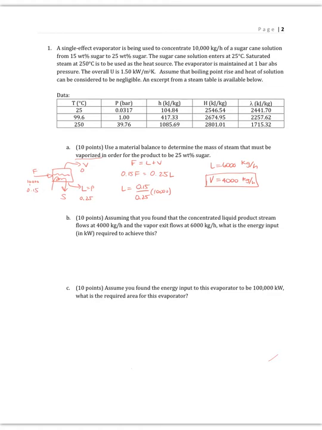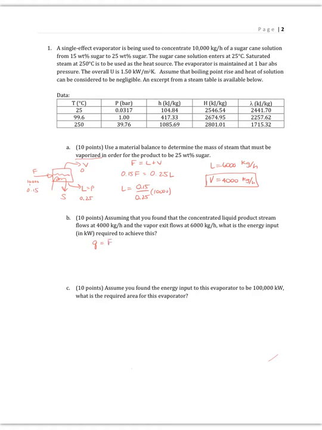In question B, you're asked to basically look at the energy balance. And so the energy is going to be for, if we're looking at just the product side, because I don't have information on the steam side, so I need to look on the product side. So the mass flow rate, and actually let me use the variables that I used up above.